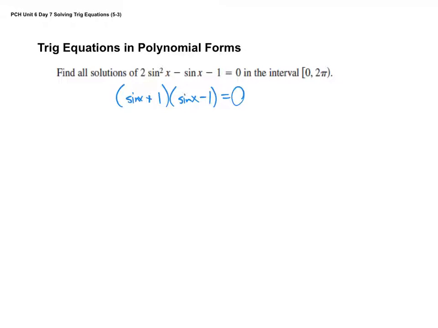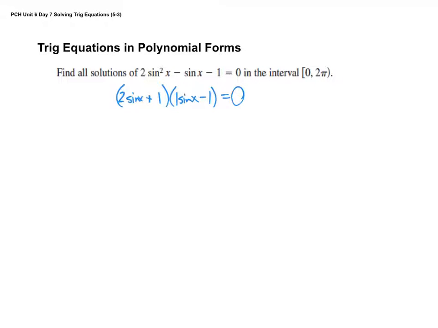I need a 2 in front of the first sine, negative 2, because if I do this, it'll be positive 2 times a negative 1, which makes a negative 2 sine, and then this will be a plus 1 sine. Negative 2 plus 1 is a negative 1 in the middle. So you're factoring it just like you would a polynomial with x's or y's. We just happen to have sines in here.